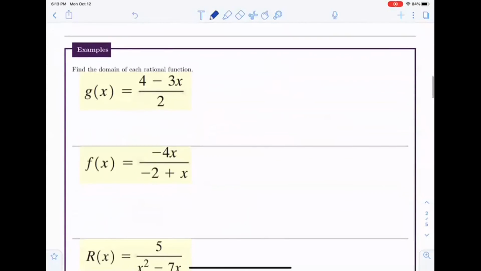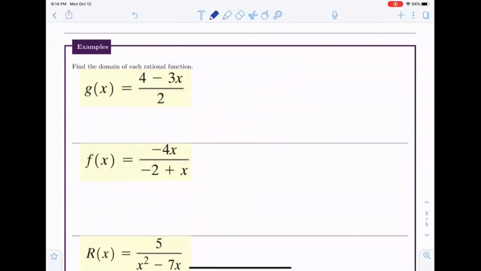Okay, one of the key things to watch out for with a rational function is the domain. Why? Anytime we have a fraction, we have to watch out for a divide by 0.